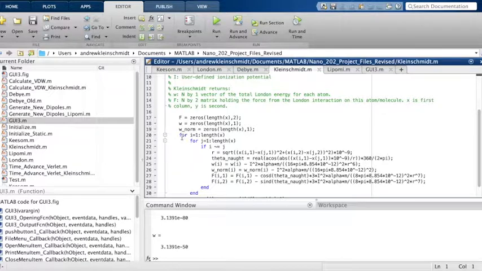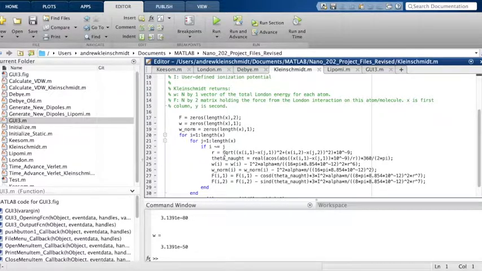So we're going to go over every I, every atom in our position matrix X, and then we're going to go over every atom again and set a second variable equal to J, going over every atom in X. If they're not equal to each other, again, we don't want to calculate intermolecular forces between atoms and themselves because that's no longer intermolecular. Also, everything will explode because you'll divide by 0. So we're going to make sure I is not equal to J.